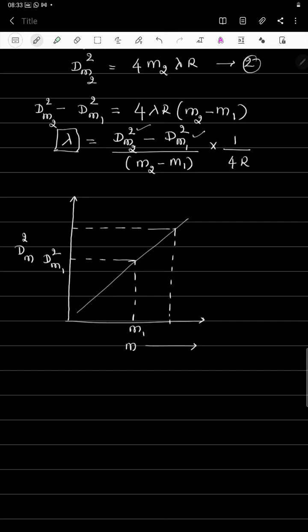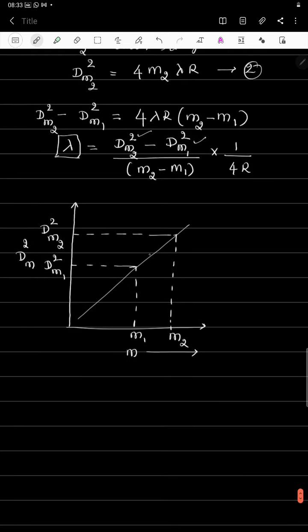For the m1th you are going to get dm1 square, and for the m2th dark ring you are going to get dm2 square. The slope is then this dm2 square minus this dm1 square. I will denote these points as A, B, C, so the slope becomes distance AB divided by distance BC.